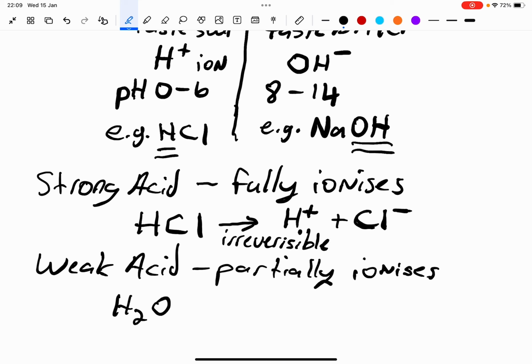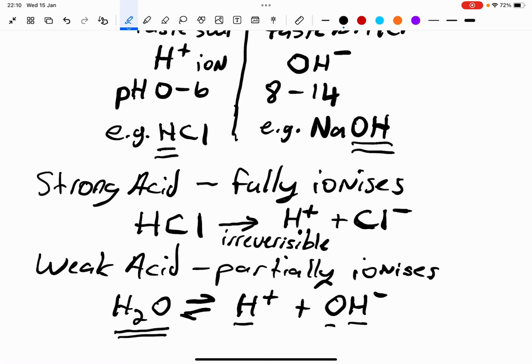But if we look at water as a weak acid, we're going to draw a reversible arrow like that. So that's going to go two ways, and that's going to ionize into H+ and OH-. So we can see on the right-hand side, 2 hydrogens, 1 oxygen. So we know it comes from the water, which has 2 hydrogens and 1 oxygen.